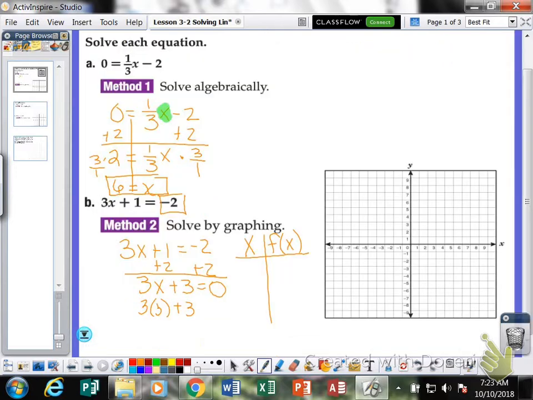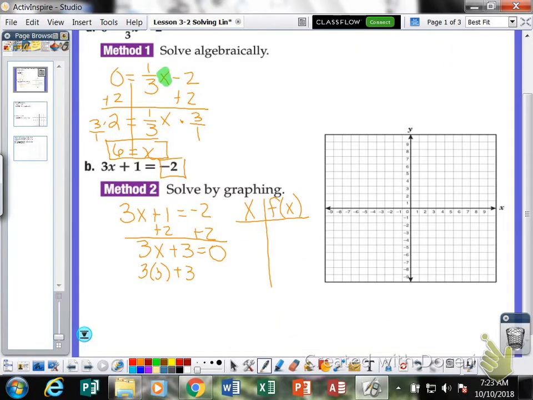And what is that equal to? Well, 9 plus 3 is 12. So I get 12 as my answer for my function. If I were to come over here to 3, 12, that's clear up here. Obviously that's not crossing our x-axis, which is what we want it to do.